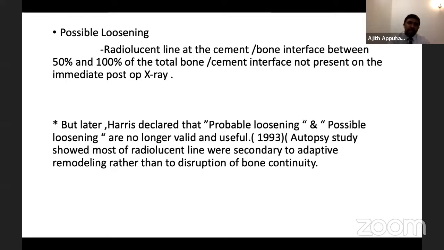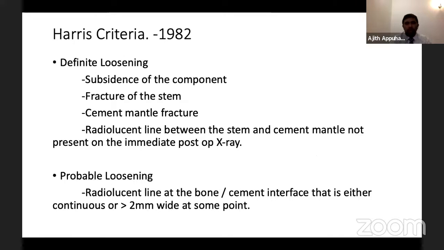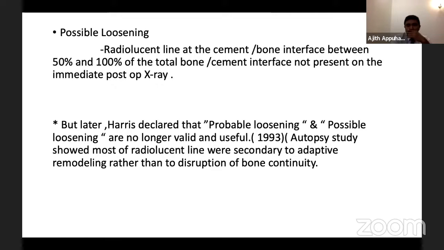So we don't concentrate much on possible and probable loosening. We go for definitive loosening. Otherwise, we do further studies and compare with the previous X-rays, and I will discuss what we do later on.